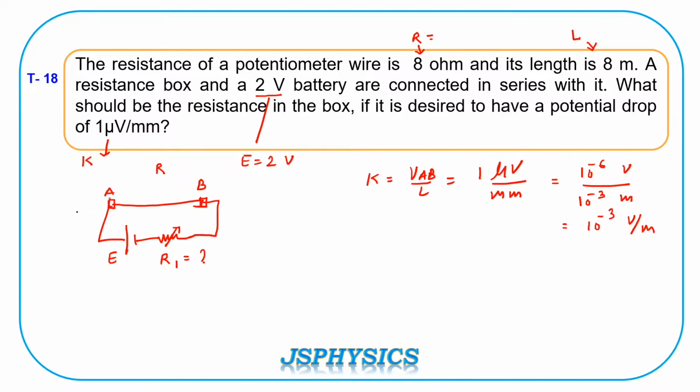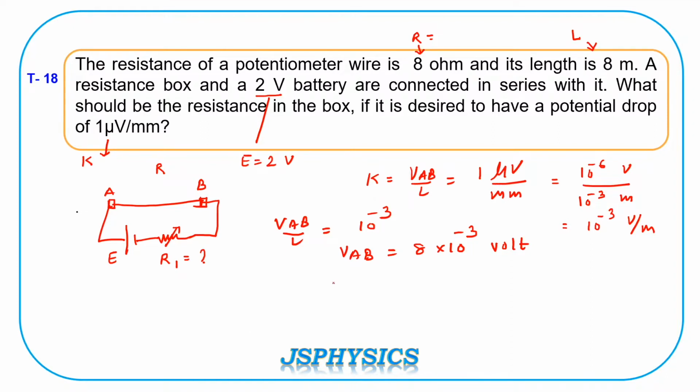So in this case, VAB upon L is given to us. So I can write VAB upon L is 10 raised to minus 3. So VAB is equal to L into 10 raised to minus 3. The value of L is 8. So that will give me 8 into 10 raised to minus 3 volt. This is the potential across A and B terminal.